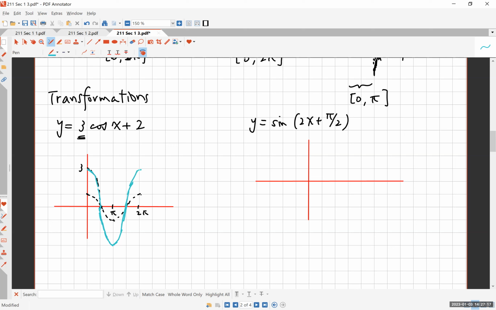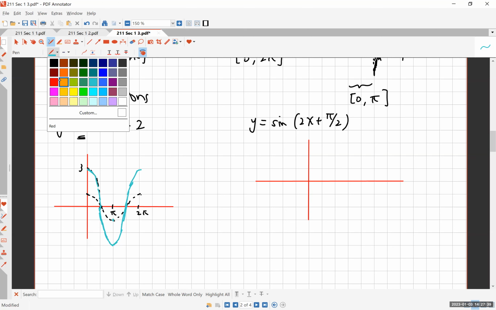So this is, again, I'm just sticking to one cycle, right? And later we can extend it if you need to. What I have drawn in blue is the 3 cosine of x. So remember, where the value of cosine of pi used to be -1, now it's -3. Okay, it's just amplified. It's stretched vertically.